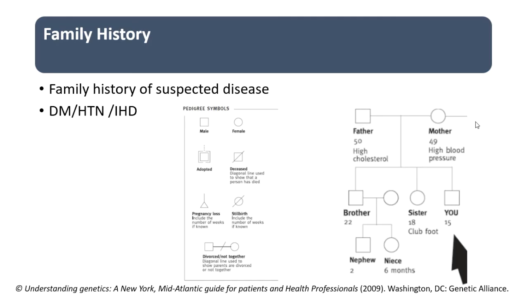So rectangle, the square, right? For females you draw a circle. For males you draw a square. So now when you see a square, you know it is a male. If somebody is deceased or dead, you can draw a diagonal line to show that this person is dead.